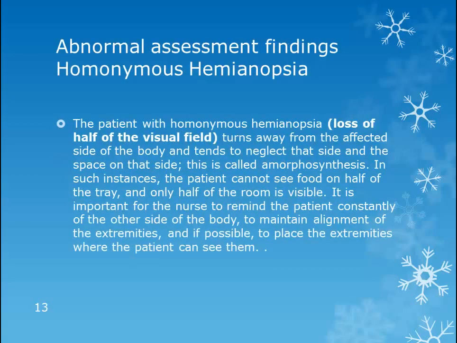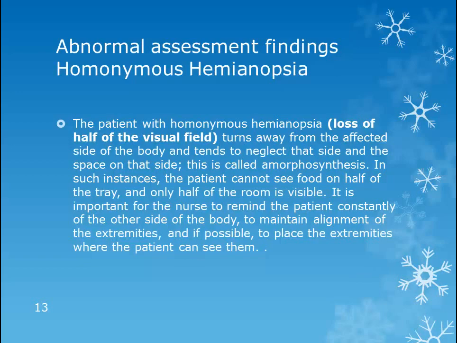Further abnormal assessment findings include visual field changes, homonymous hemianopsia. The patient presenting with this loss of half of the visual field turns away from the affected side of the body and tends to neglect that side and the space on the side. This is called amorphosynthesis.